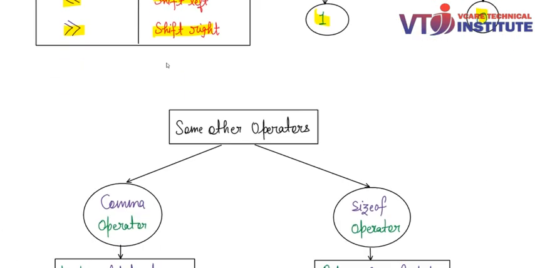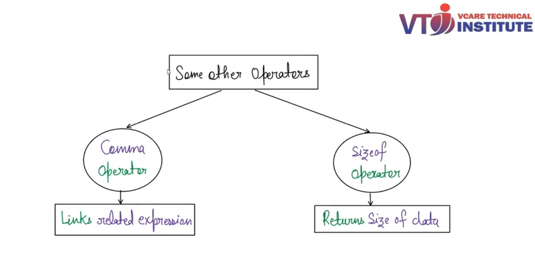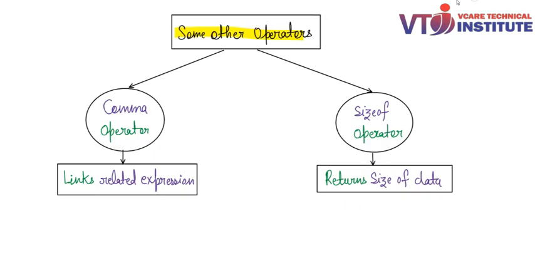Now let's move ahead and talk about some other operators. There are some operators like the comma operator, which links related expressions, like A is equals to B is equals to 5 in these cases.